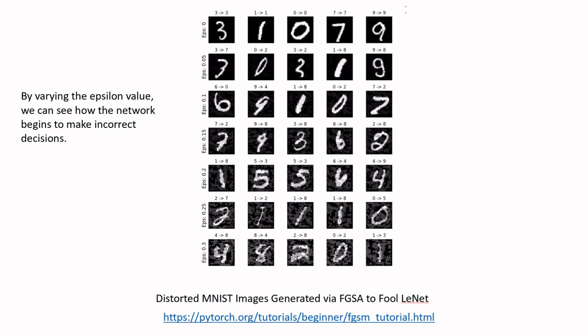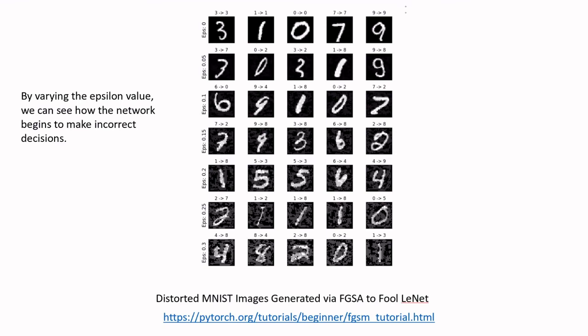If the epsilon value is close to 0, obviously the effect will be very little. If the epsilon value is relatively higher, you can create more perturbation to the image. It's still not visible to a human eye, but good enough for the network to make a wrong decision.